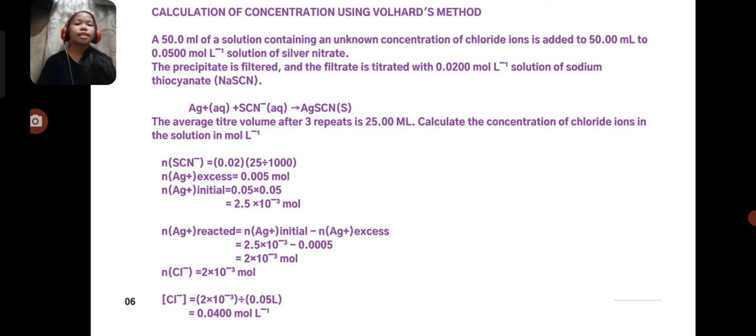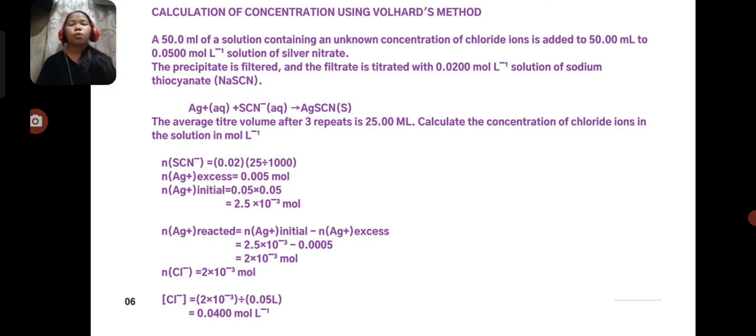So, we proceed to the concentration of chloride ions. In calculating the concentration of chloride ions, there is a need for the number of chloride ions and the volume, which is 0.05 liter, converted from ml to liter.